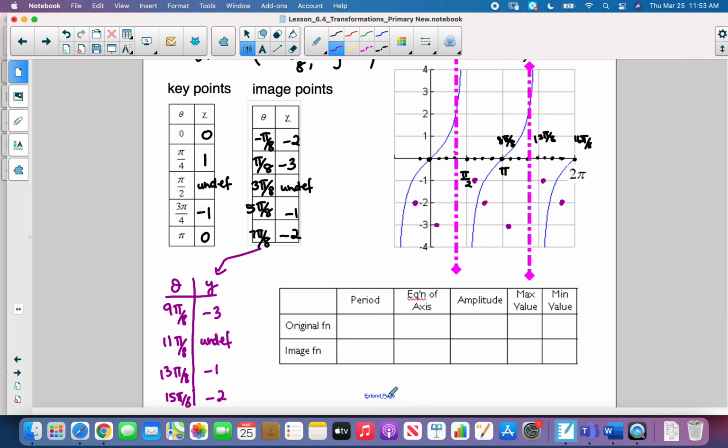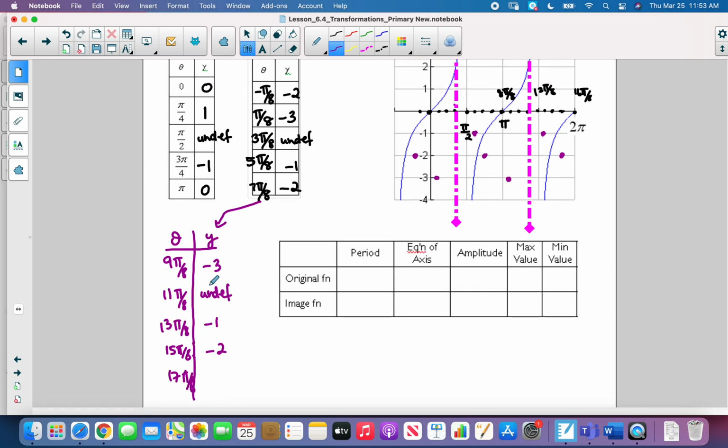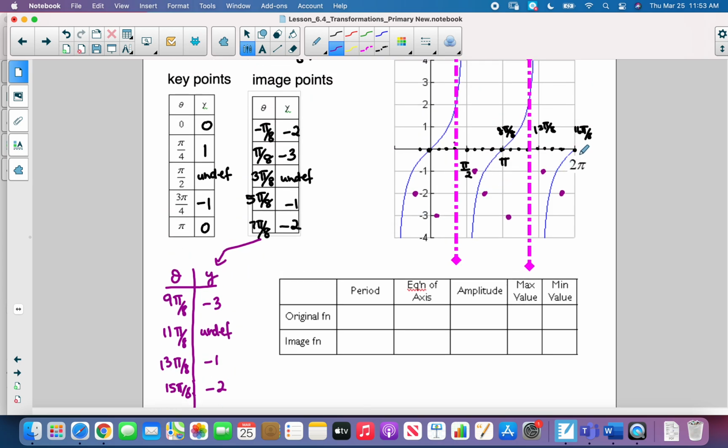And I can also take one more point, which is 17 pi over 8, which will be after the 2 pi. And that would be negative 1, negative 2, then negative 3. So that would be beyond this, 17 pi over 8 and negative 3, which will be down here.